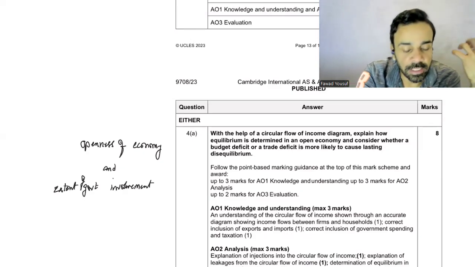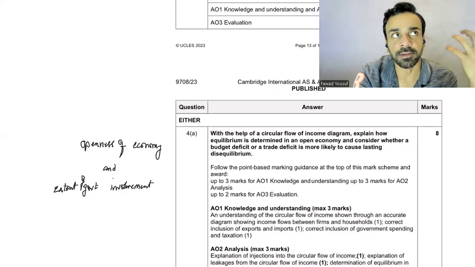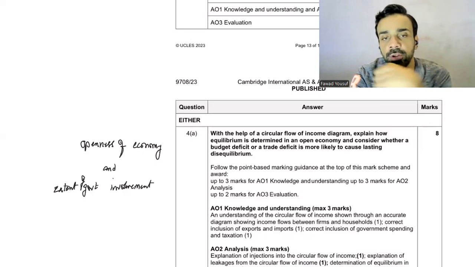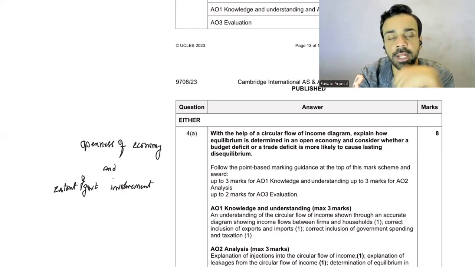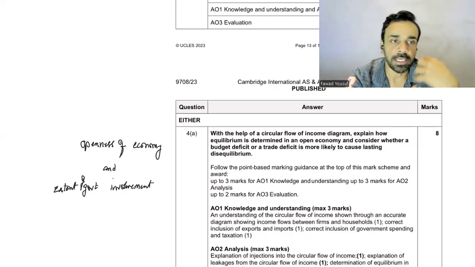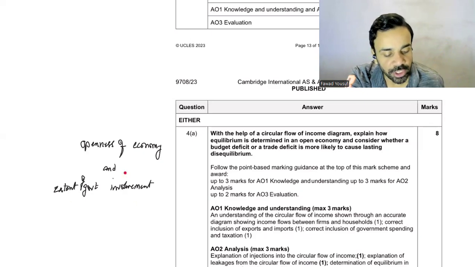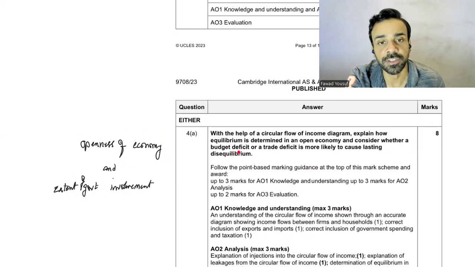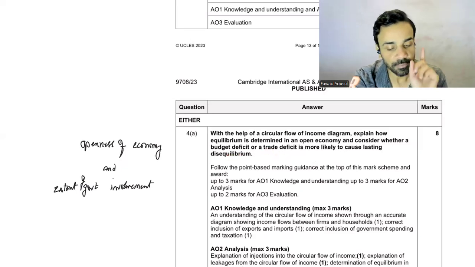If in this economy the government is a major player, you know how we study command economy and mixed economy, in mixed, how much you allow the free market and how much is government intervention. If in an economy government intervention is more than the openness, then the budget deficit is definitely going to create a much larger impact on the disequilibrium as compared to the trade deficit.